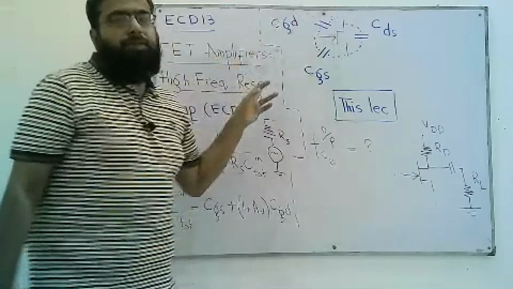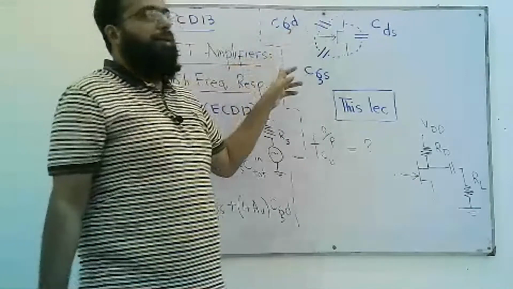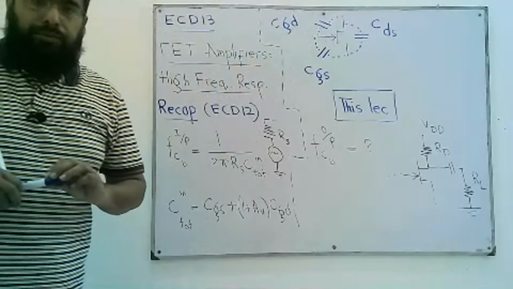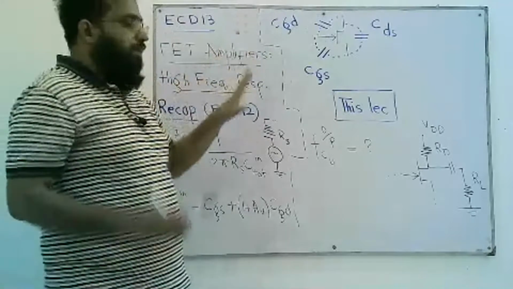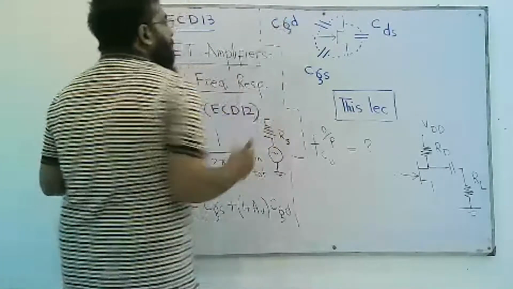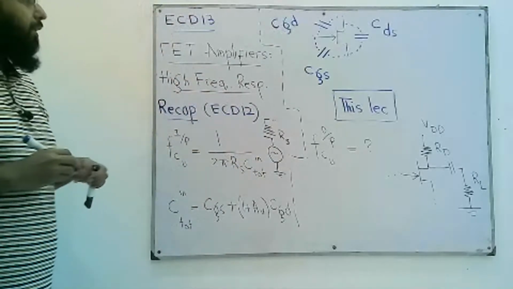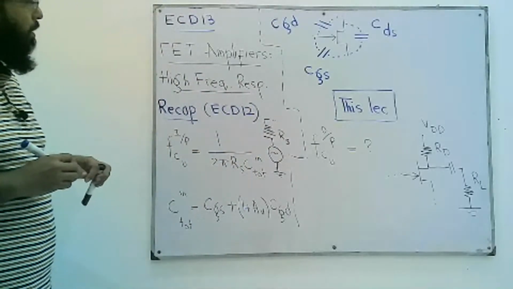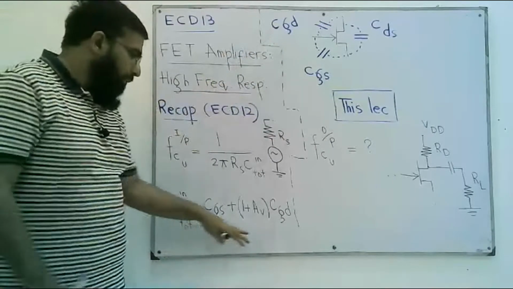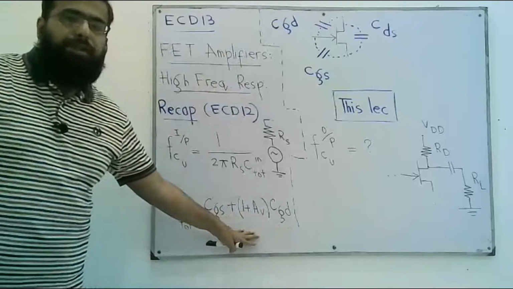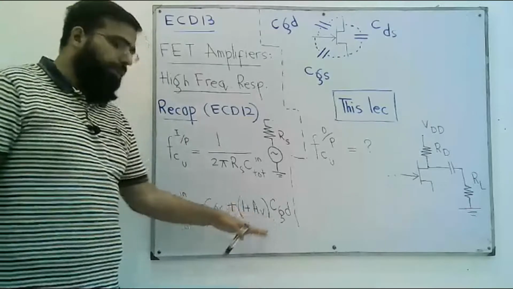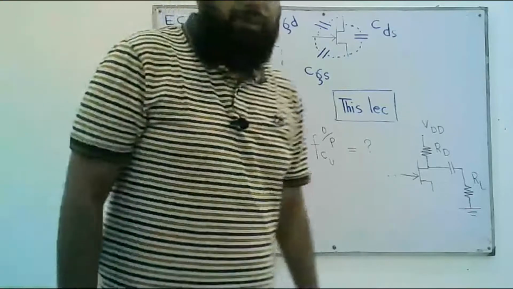CGD is the capacitance between the drain and the gate, between the output and the input terminals. So we have to divide this CGD into two parts, one solely on the output side and the other on the input side. We used Miller's theorem to divide it, and the part visible on the input side is 1 plus AV times CGD.